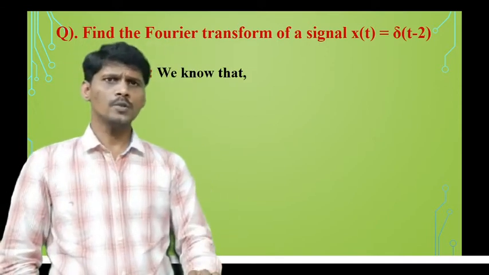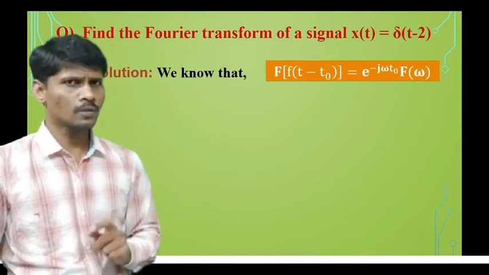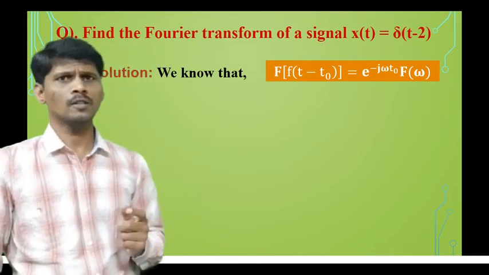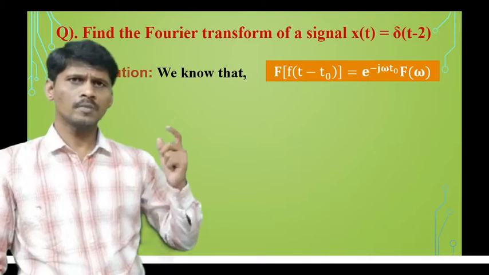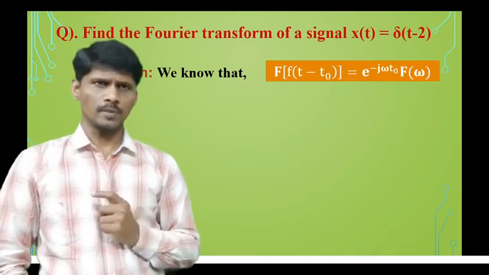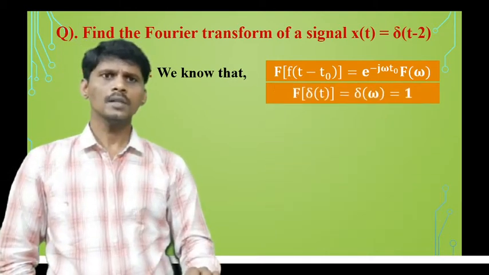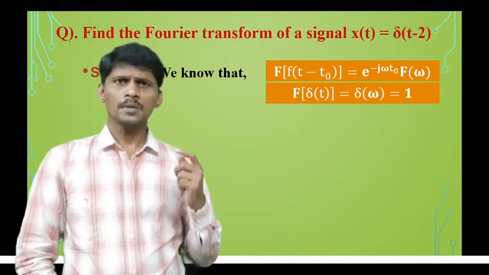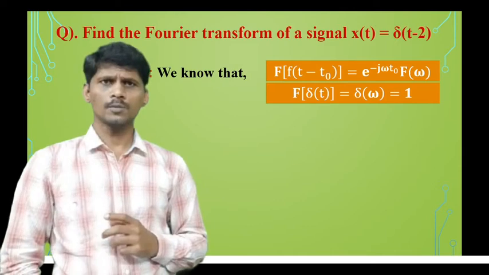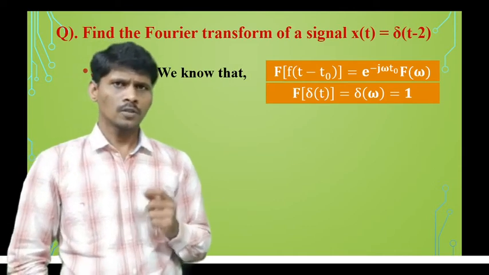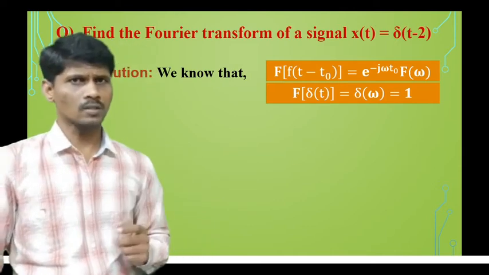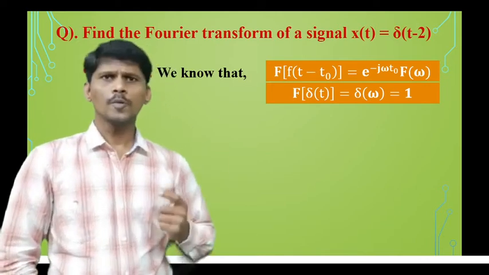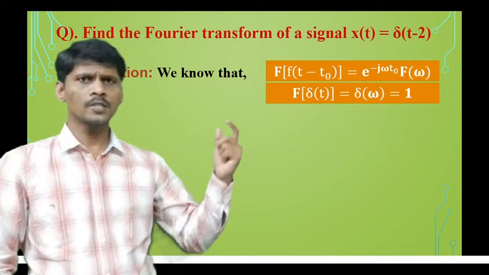We know from the time shifting property that Fourier transform of f of t minus t naught is e power minus j omega t naught into F of omega. And we also know that the Fourier transform of the unit impulse function is 1, which was already discussed in previous classes. Using these two concepts, we can determine the Fourier transform of del of t minus 2.